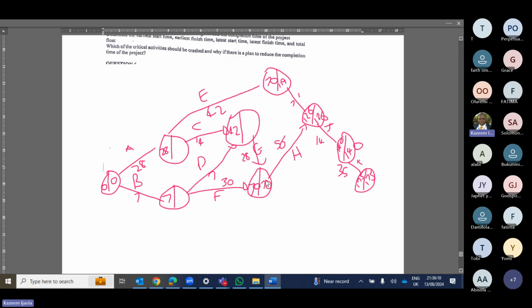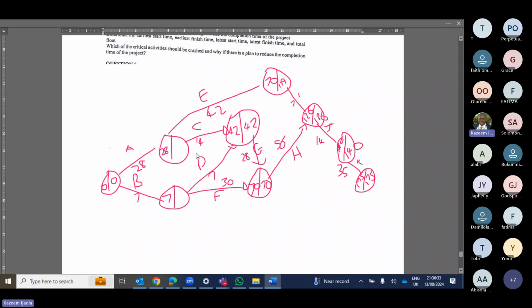That's FG. Let's go to G now. So 70 minus 28 gives us 42. 70 minus 28 is 42. Is it not correct? It's correct.